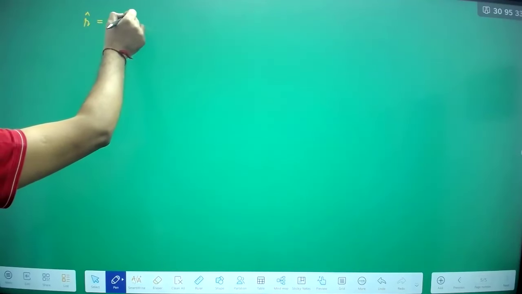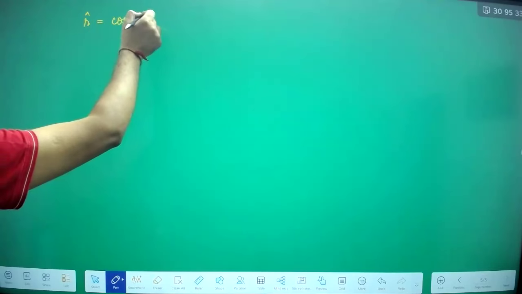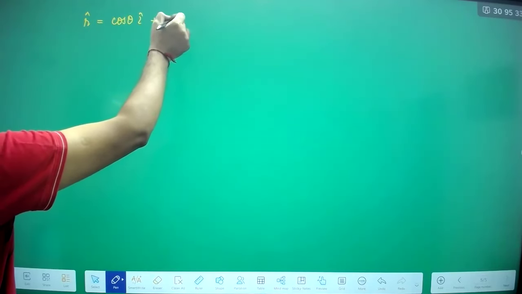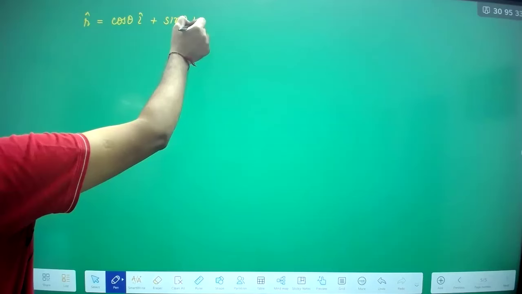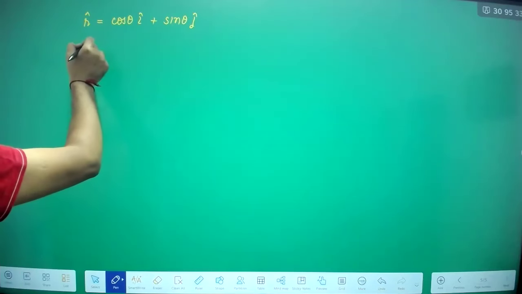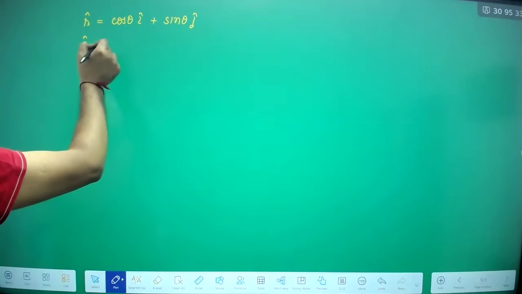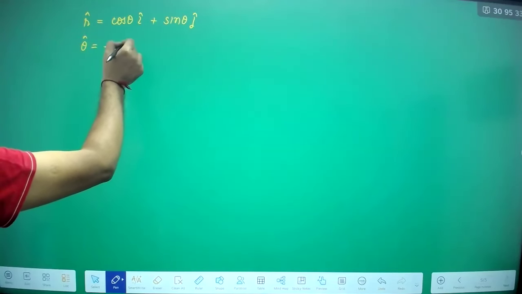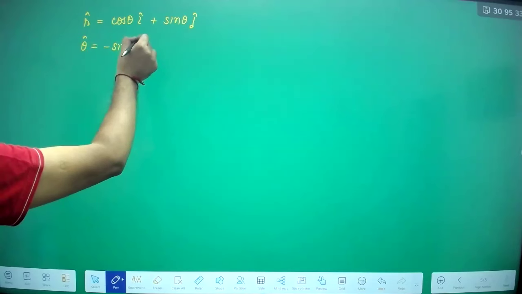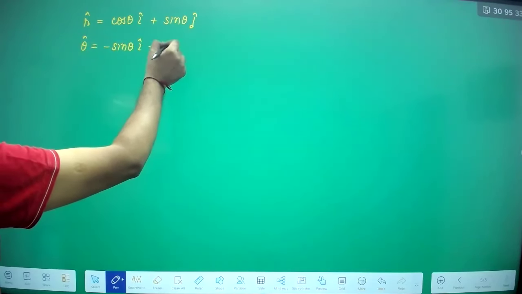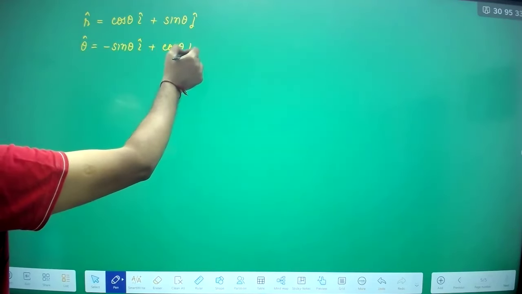Next is, so r cap is cos theta i cap plus sin theta j cap. Theta cap is equal to minus sin theta i cap plus cos theta j cap.